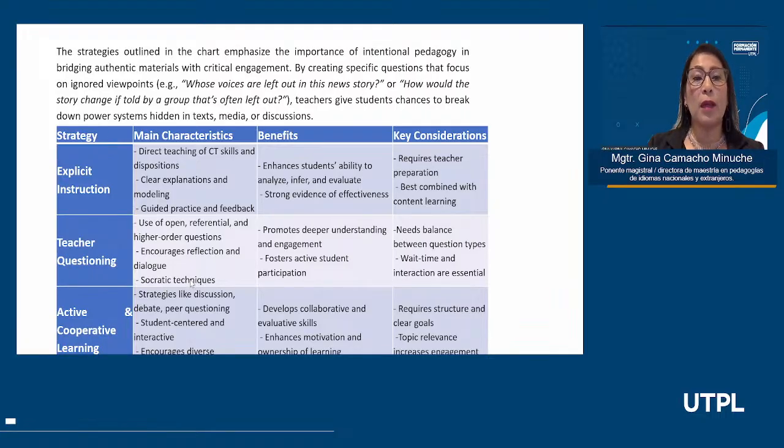You need to ask them questions that really help them to understand what they have read. Not just simple questions, not just questions whose answer they can clearly find in the text itself, but go beyond always. The benefits are that it promotes deeper understanding and engagement.